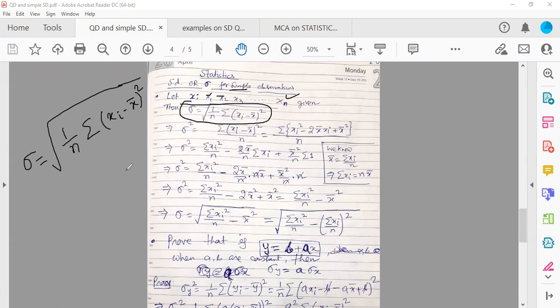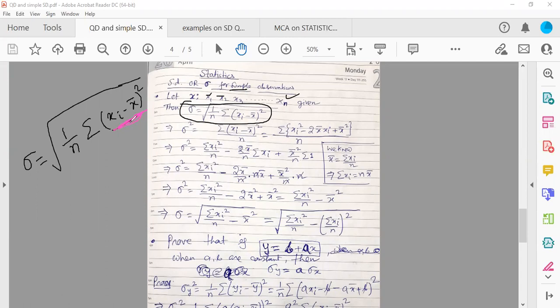This is called the deviation from mean. Why deviation from mean? Xi minus x bar. Xi is the values for a particular example, like 2, 3, 4, 5, whatever, and we can find the average of them.